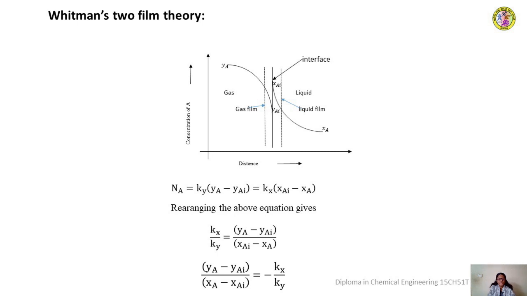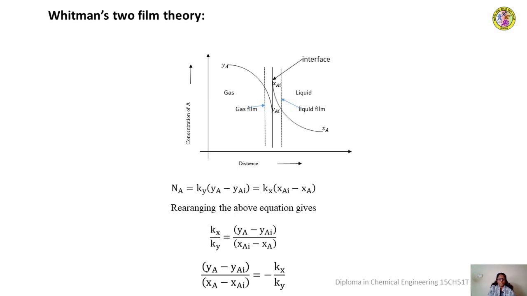Let us rearrange this equation to get it in the form minus Kx by Ky equals Ya minus Yai divided by Xa minus Xai. This equation represents a straight line on the XY diagram having a slope of minus Kx by Ky and passing through two points, one Xa, Ya and the other Xai, Yai.